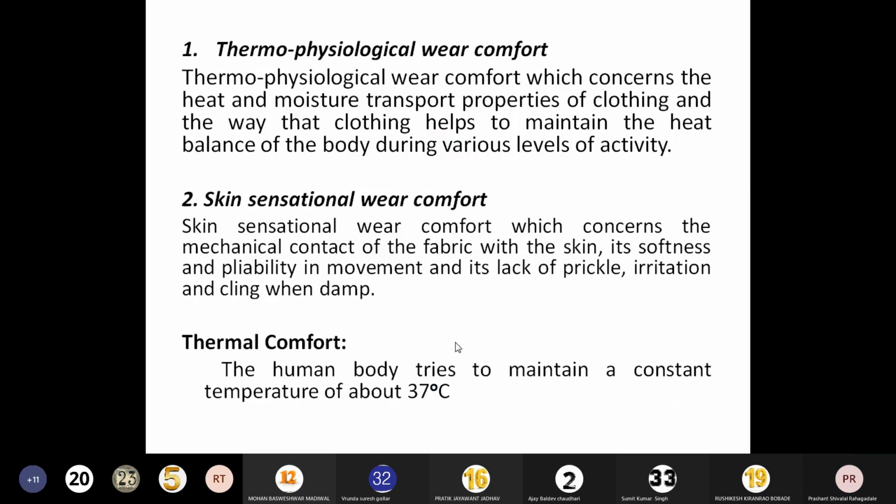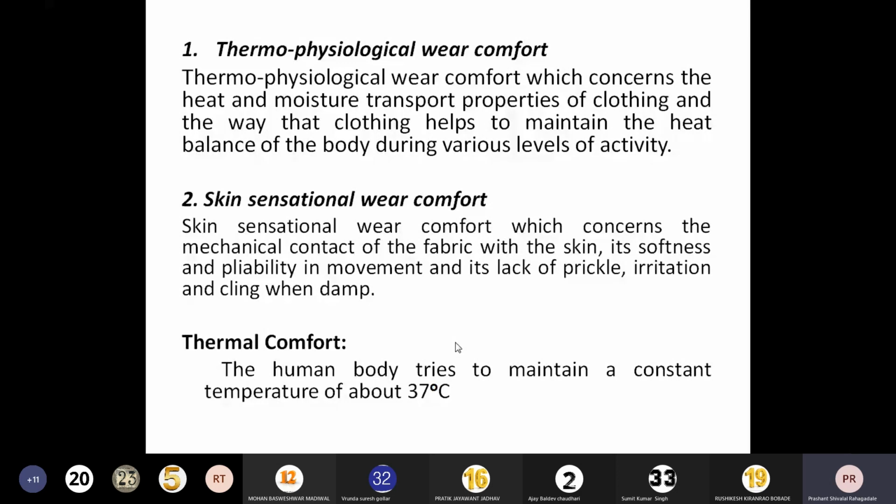Now when we say comfort, the first term which comes under comfort is called thermophysiological wear comfort. Now what is it?